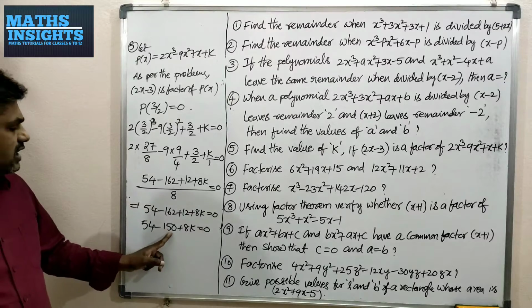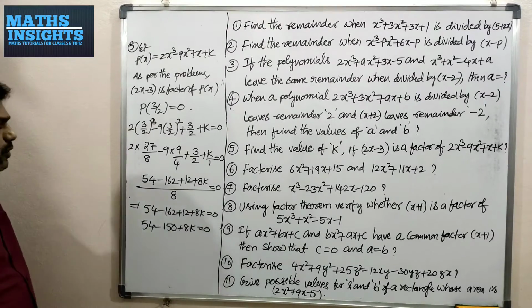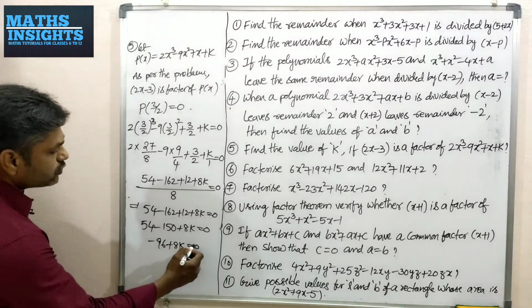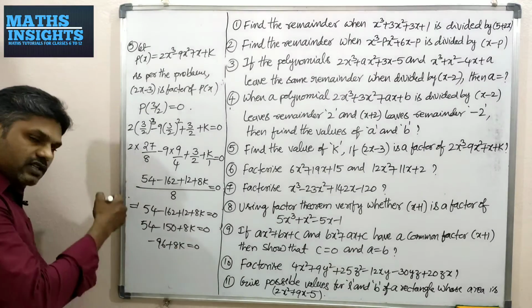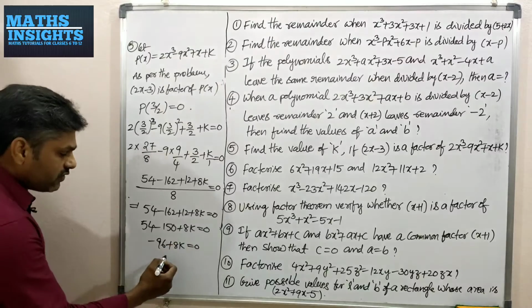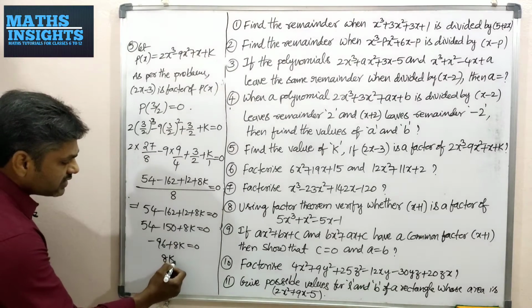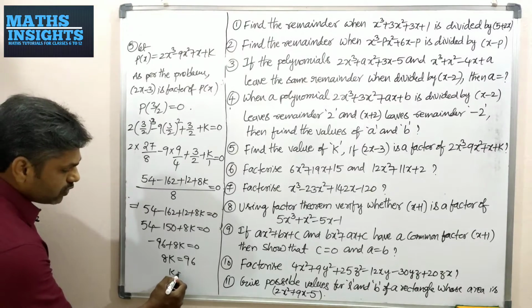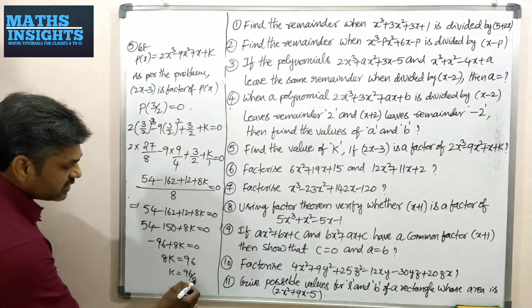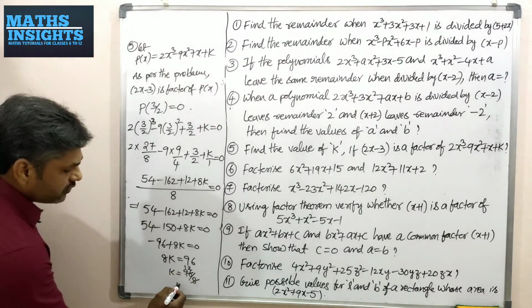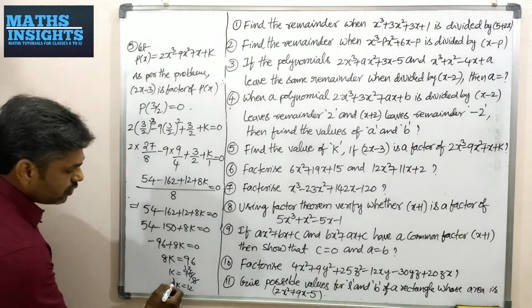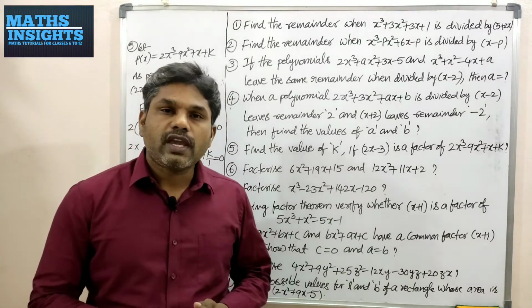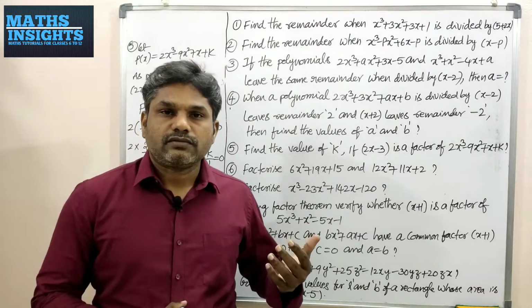So 54 minus 150 will become minus 96. Minus 96 plus 8k is equal to 0. Therefore, minus 96 goes to that side and becomes plus 96. Therefore, 8k is equal to 96. k is equal to 96 by 8. 8 twelves are 96. Therefore, k is equal to 12. So, in this way, you may calculate the value of k by using the factor theorem.